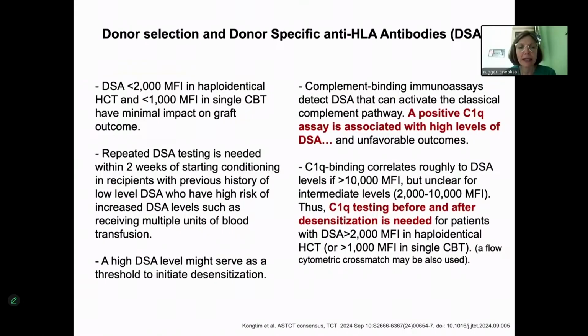Repeated DSA testing is also important before the start of the conditioning regimen for those patients who have a level of MFI which is not so critical for the impact on the graft outcome.